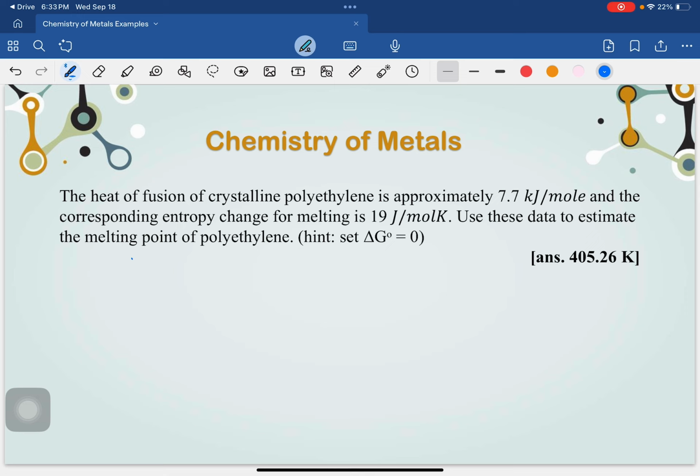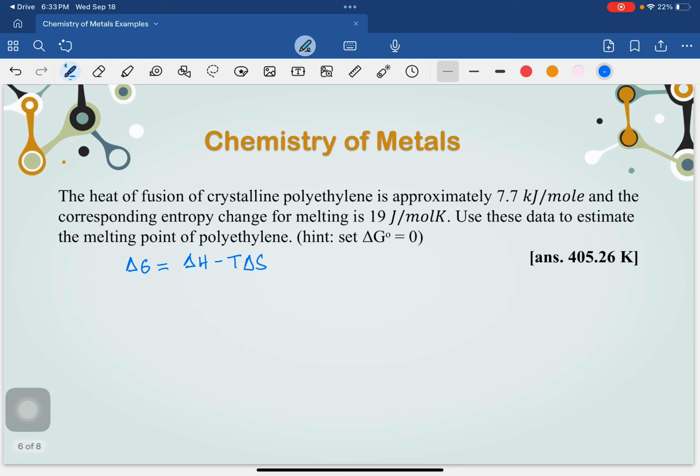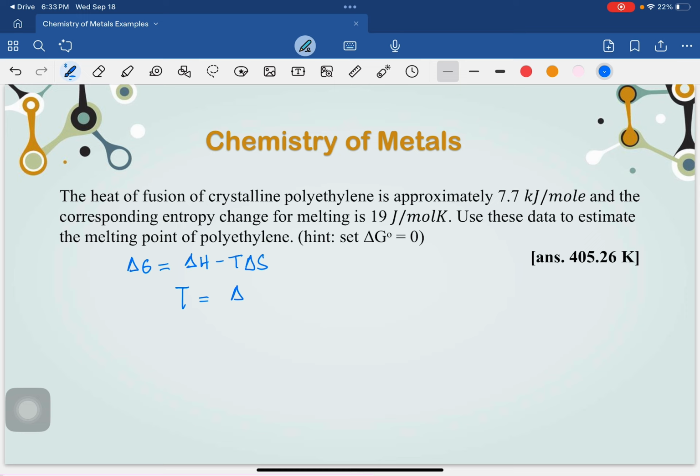Of course we know that our formula is always delta H minus T delta S. So let's isolate our T. T is, of course, delta G minus delta H all over delta S. And then all we have to do is substitute.